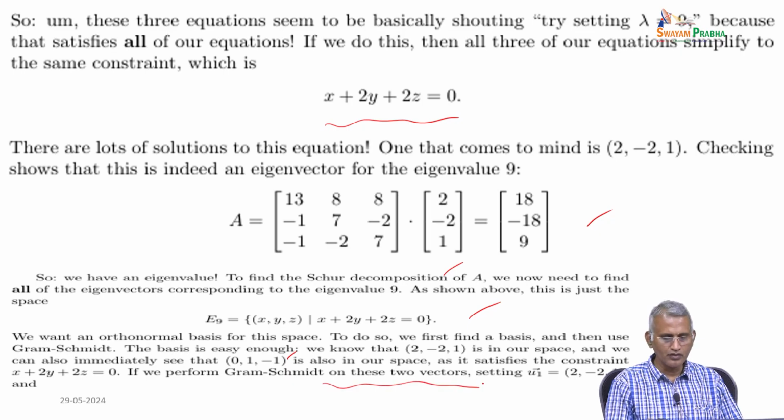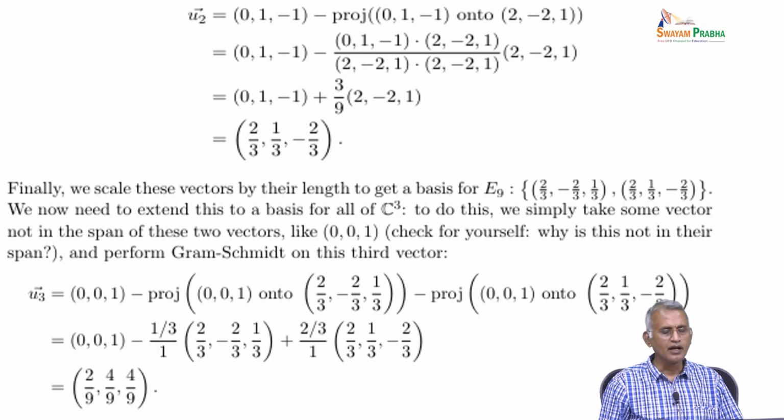According to the Gram-Schmidt process, take u1 equal to 2, minus 2, 1, and based on u1 we can generate u2.